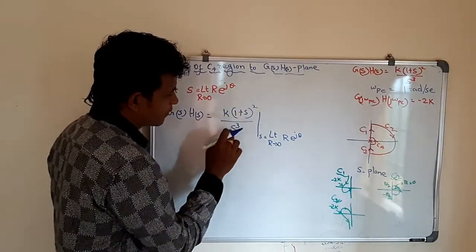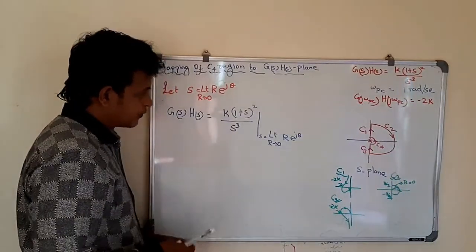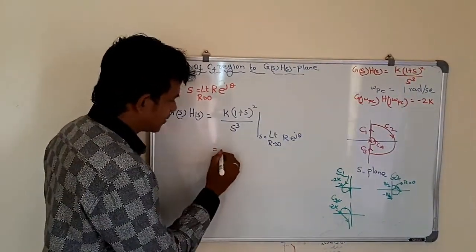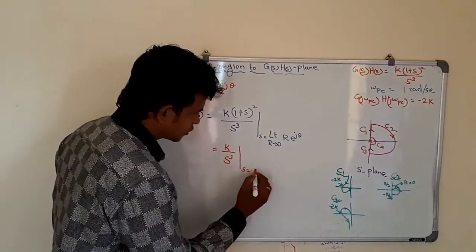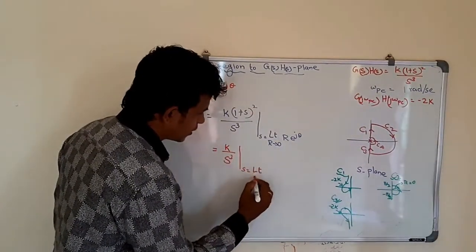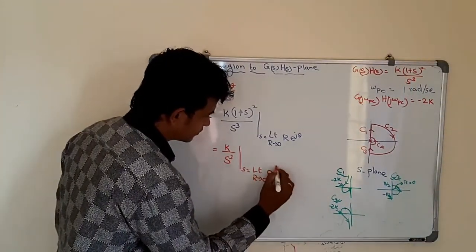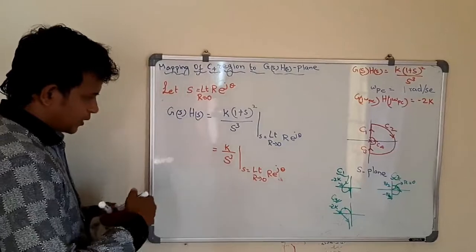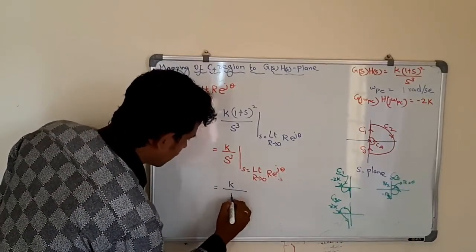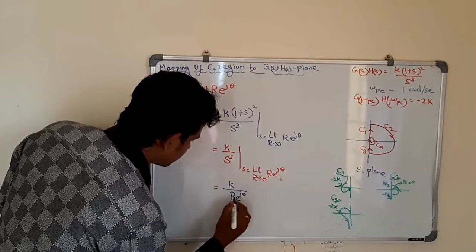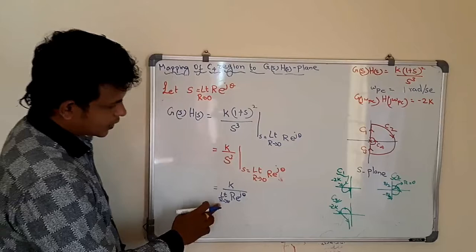So this becomes k into 1 square divided by s cube, that is equal to k by s cube, with s equal to limit r tends to 0 of r into e power j theta. Then this is equal to k divided by r into e power j theta, where limit r tends to 0. So when r is tending to 0, k divided by 0 becomes infinity.